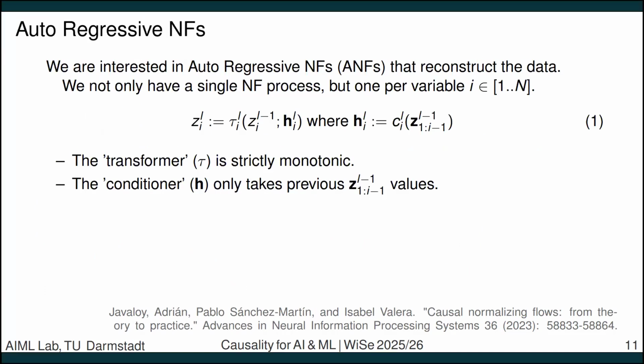They have some more constraints, so a particular transformer which needs to be strictly monotonic, and then an additional conditioner. So we not only take our own u, but all the values of the variables that were computed before us. For every variable, we get an autoregressive flow. These autoregressive flows are conditioned on each other and transform the observed density into these standard Gaussians.